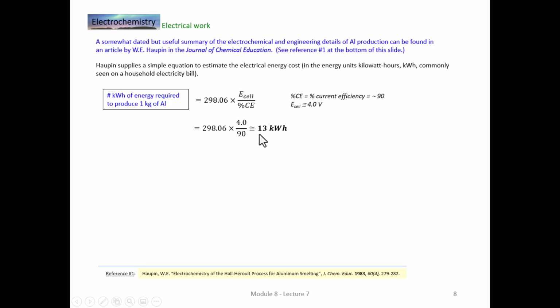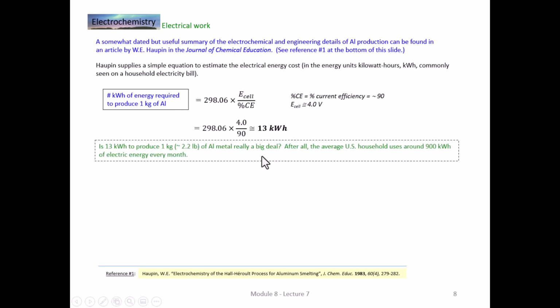Using this author's simple equation, I get about 13 kilowatt hours to produce a kilogram, about 2.2 pounds, of aluminum metal.